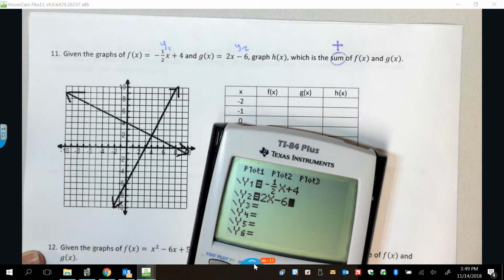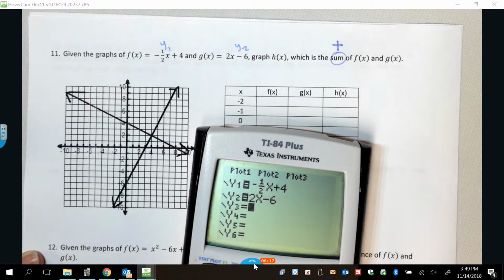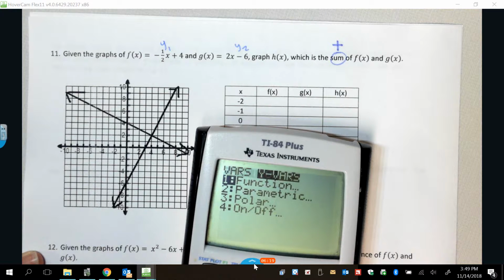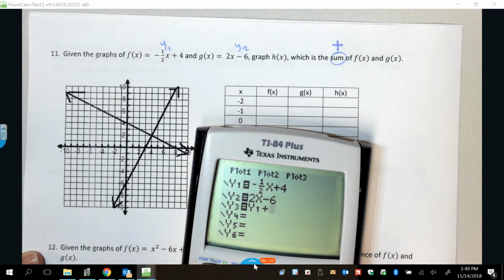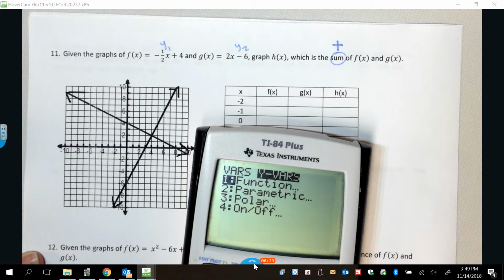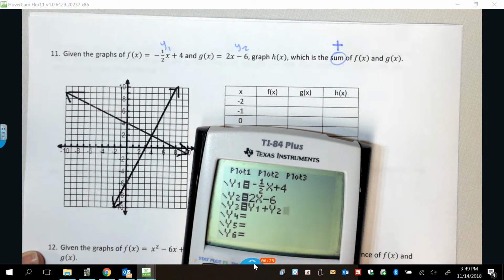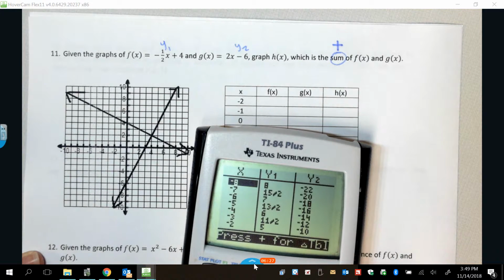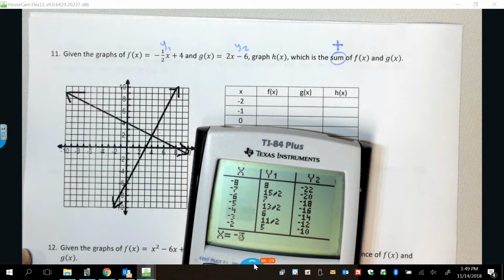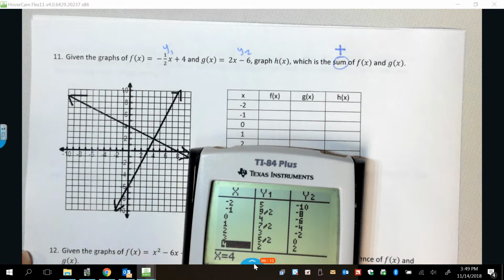That means add. So I'm going to do my y-vars. Vars, y-vars, function y1 plus vars, y-vars, function y2. And this is going to do all of it for me. So we can start at negative 2 like it asks. There we go.